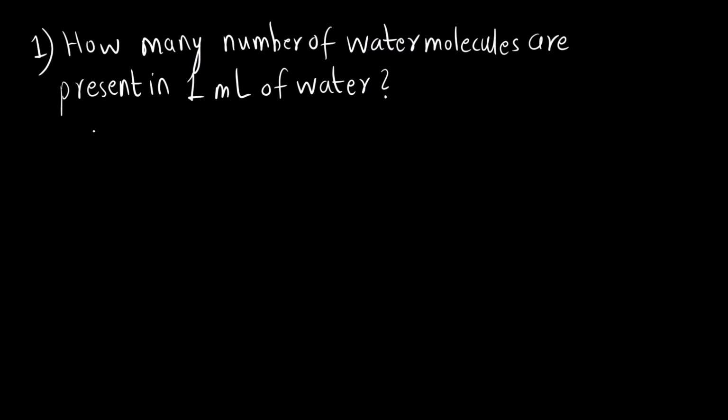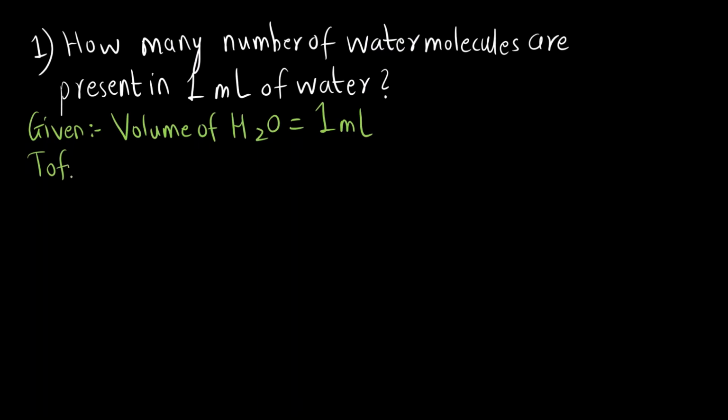So let us first write down what is given. Here the volume of water, H2O, is given, that is 1 ml, and we have to find out the number of water molecules.